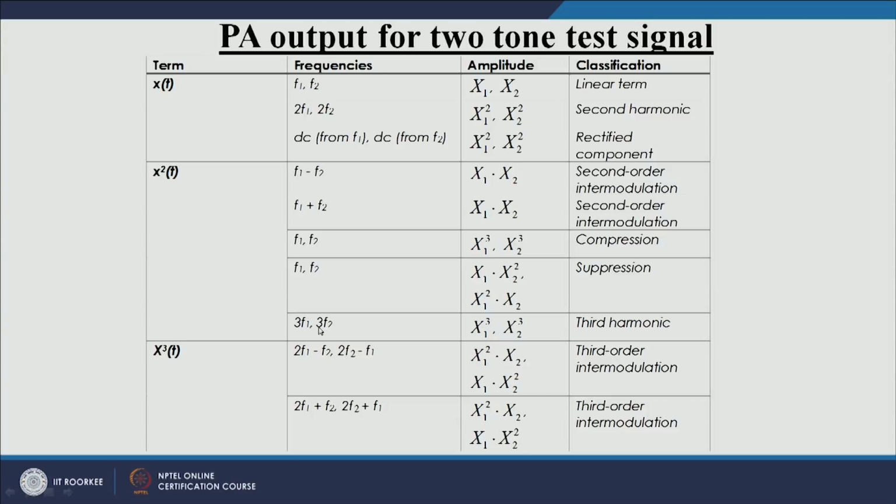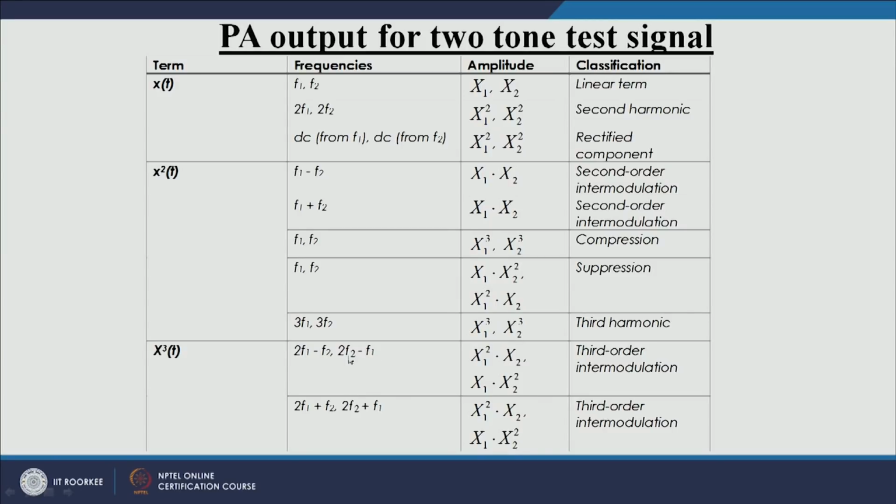At the third harmonic, it is simply the cube of the original amplitude. Now, look at the third order intermodulation, which are very important intermodulation products. At the frequency that is multiplied by 2, we have the square term, and the other term's amplitude is simply multiplied without any power.